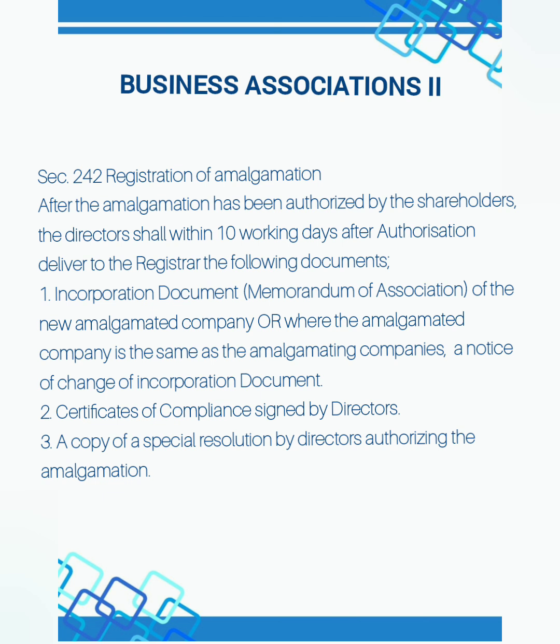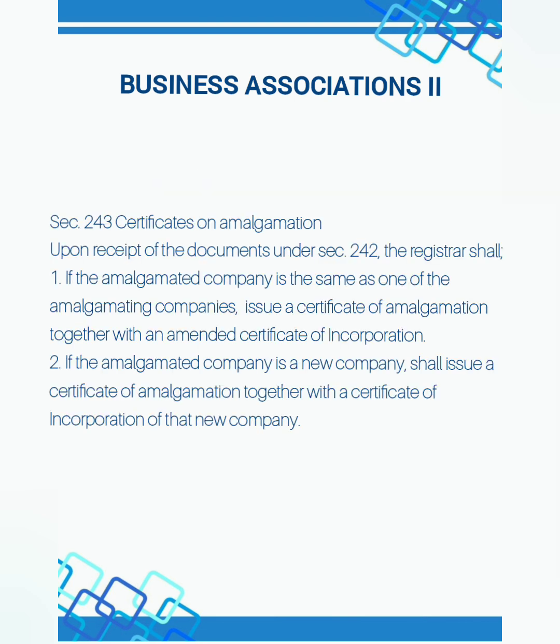Then section 243 talks about certificates of amalgamation. The registrar must send to the company or a person from whom the documents required under section 242 were received, if the amalgamated company is the same as one of the amalgamating companies, a certificate of amalgamation, together with an amended certificate of incorporation.